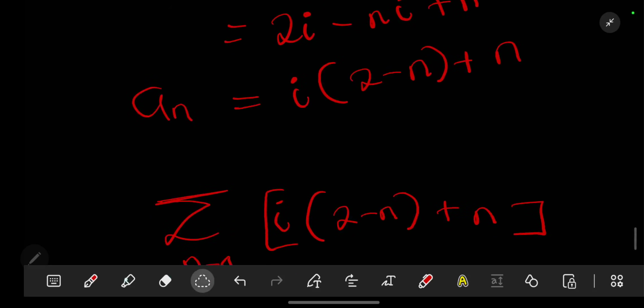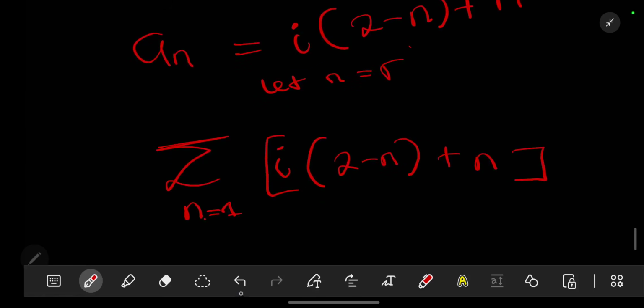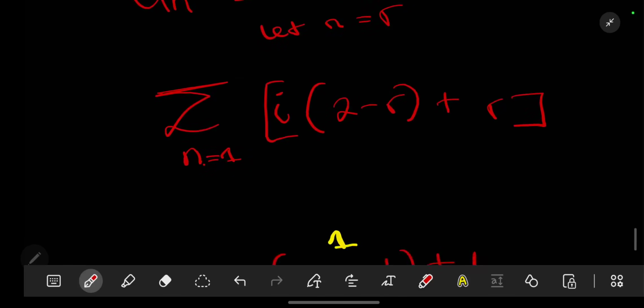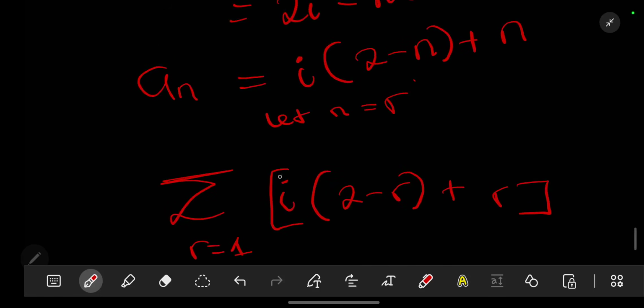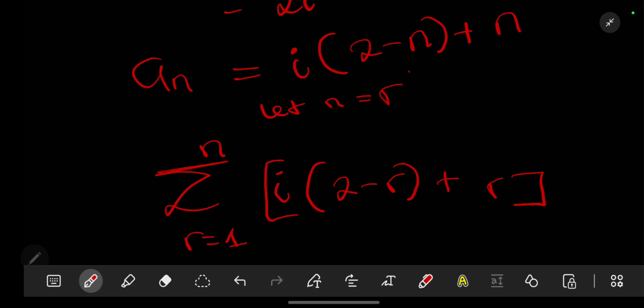Since n is the one that is being used, in this case let the index be equal to any letter r. If you want, you can use p, so that we avoid the confusion. So the equation will be like this, with r, so the one that is changing is r equal to 1, then the nth term, it will end at n. So that is basically it.